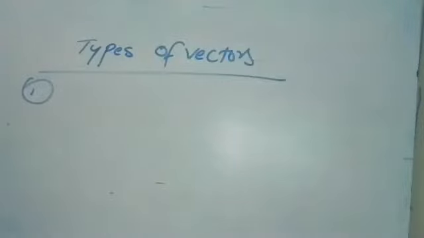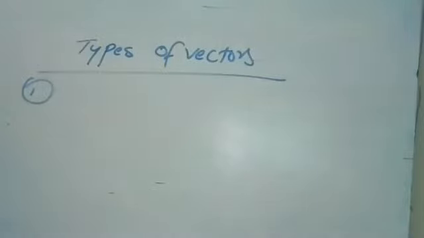Eighth, co-planar vectors. Ninth, localized vector. Tenth, non-localized vector or free vector. Eleventh, position vector. So there are around 11 types of vectors.